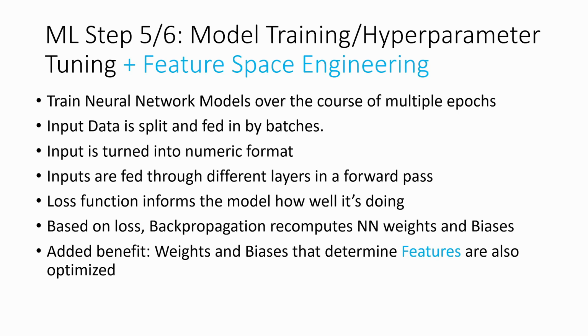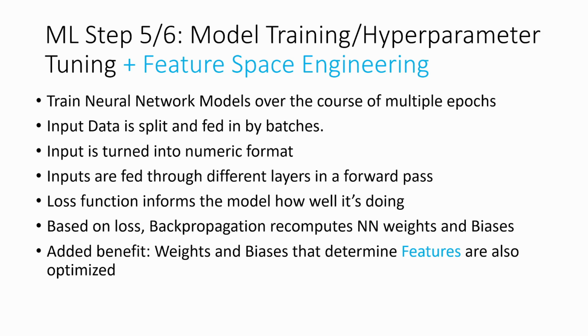After model selection, we're ready for model training, hyperparameter tuning, and automated feature extraction. We train deep learning neural network models over the course of multiple epochs. We split up input data and feed it in by batches. We have to turn our input data into numeric format. These inputs are fed through different layers of the neural net in a forward pass.